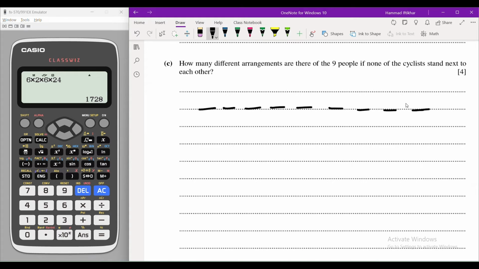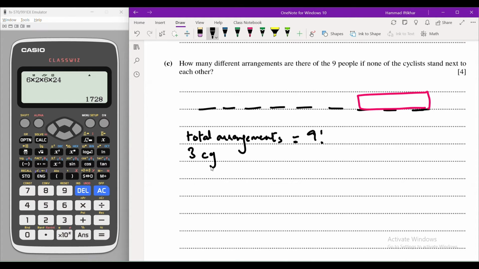Now, the total arrangements are 9 factorial. Since none of the cyclists can stand together, we start by thinking about when the 3 cyclists are with each other.